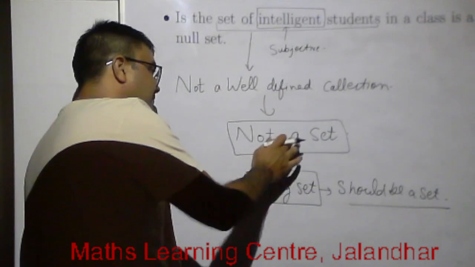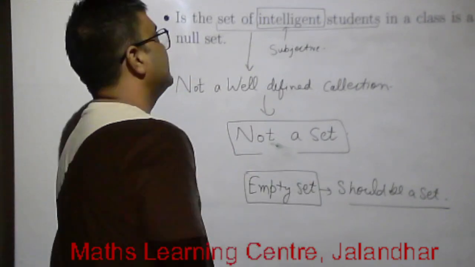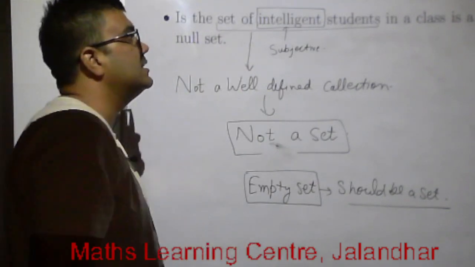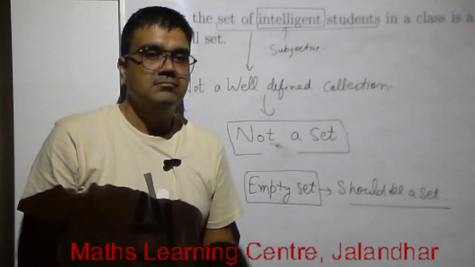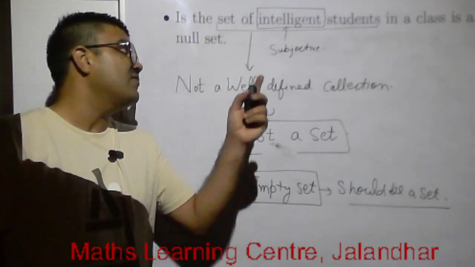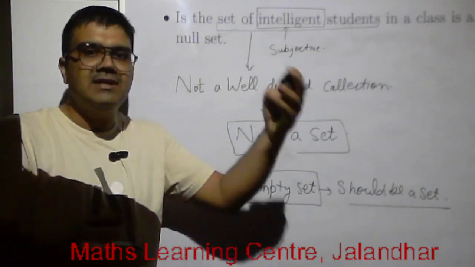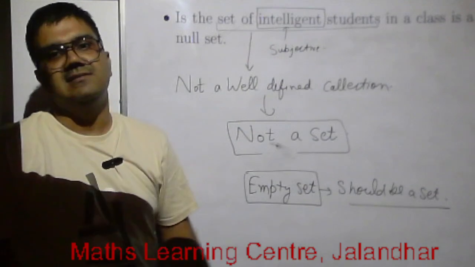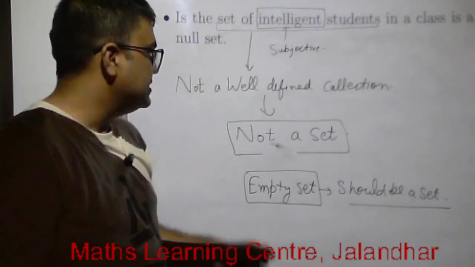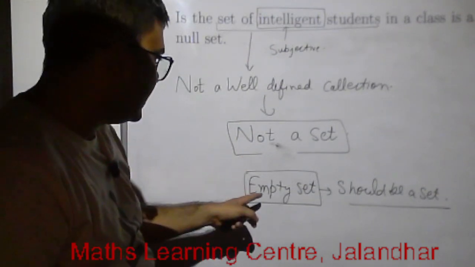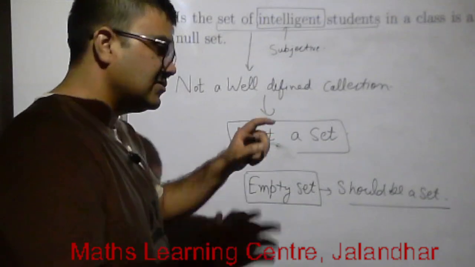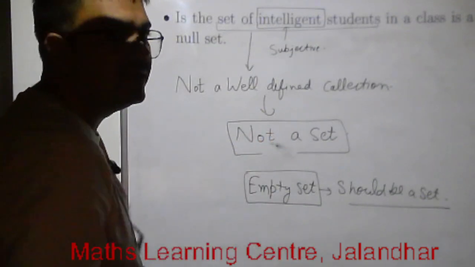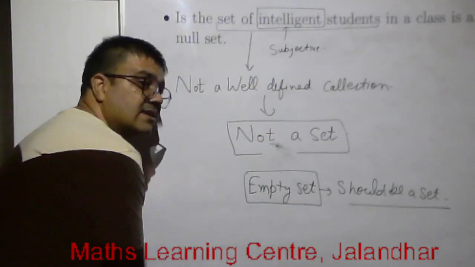In this case, we are saying it is not a set, so we will not say it is a null set. So these are two different things. Saying empty set and saying not a set are two different concepts.